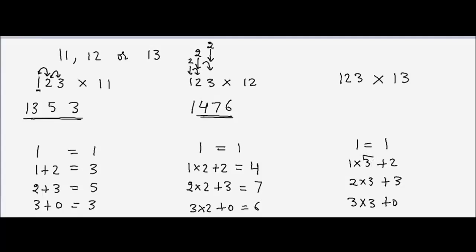So here I multiplied all the numbers by 3, here I multiplied all the numbers by 2, and here I did not do any multiplication because it was 1. If I add these numbers, it will be 5, 9 and 9. So the answer will be 1599. That's how I'll multiply any number by 11, 12 or 13.